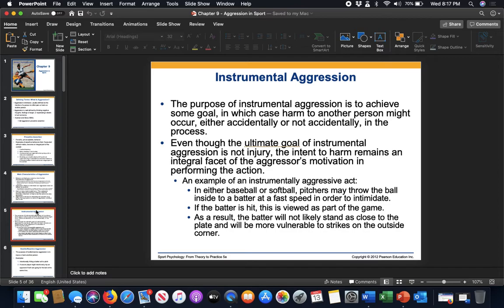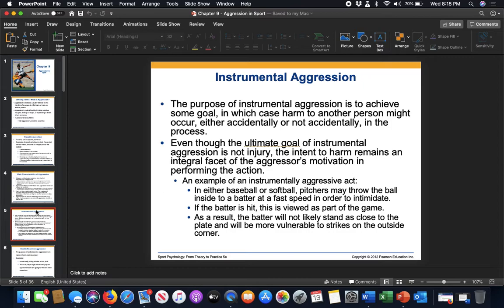Because it's not always the case, think about instrumental aggression as intimidation, and intimidation being one of those processes that, although it may not cause any harm, there actually could be a point in time where, although you weren't trying to, you do. So, although it's not to injure, the harm remains. That it could happen.